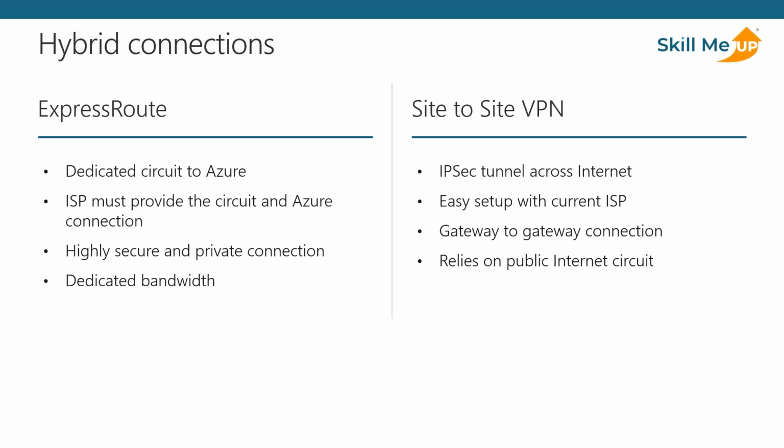These connections, when we talk about them, primarily what is utilized are either a site-to-site VPN or an ExpressRoute, and utilization of one or the other depends a lot on what your requirements are from the standpoint of an organization, the availability of applications and resources between on-premise and the Azure environment, as well as security and your requirements for private connections.